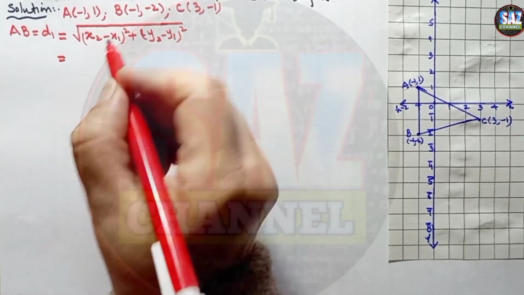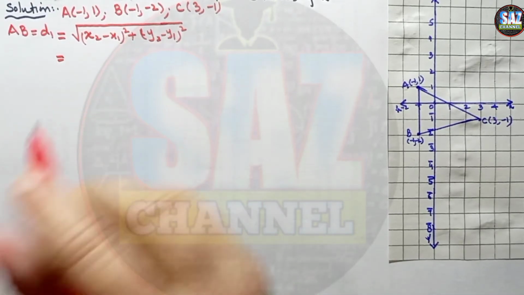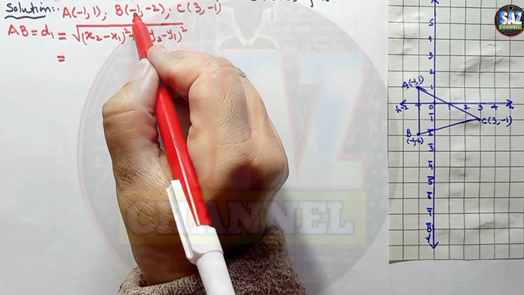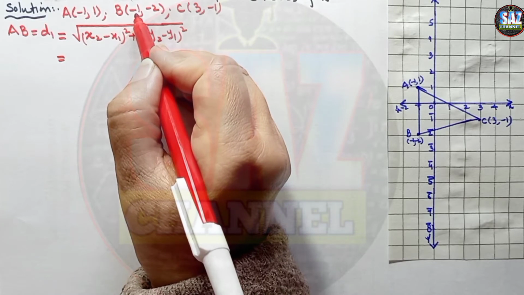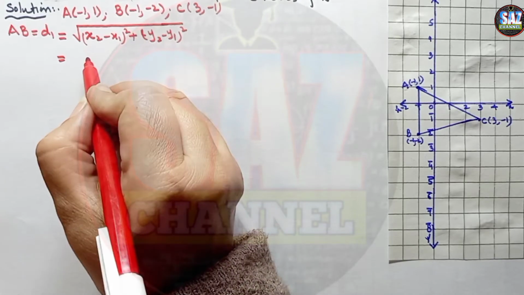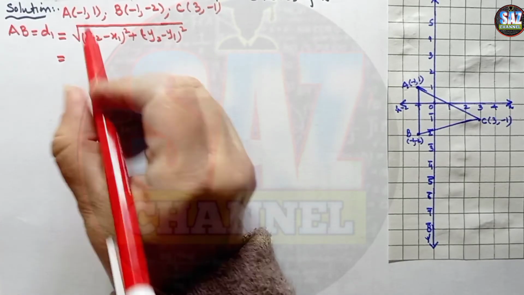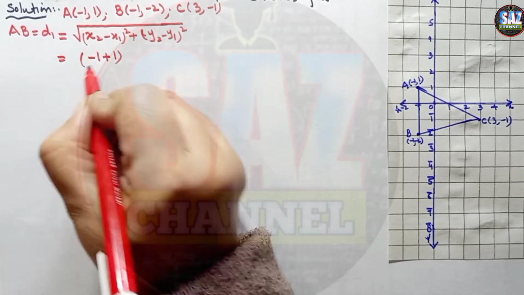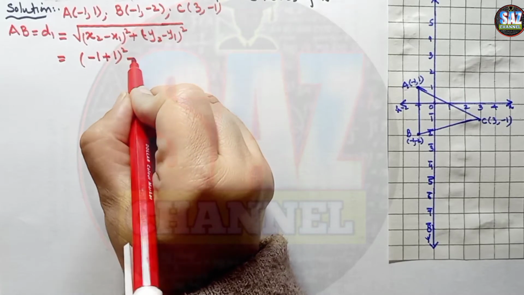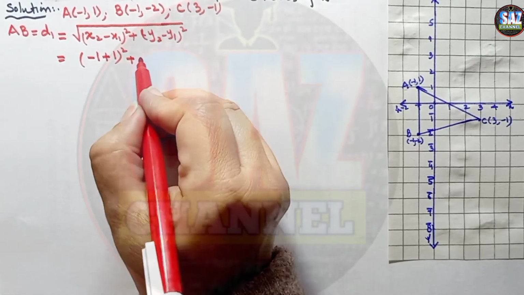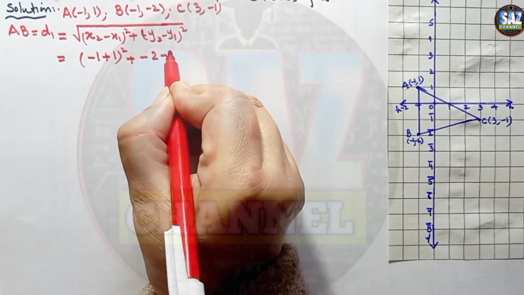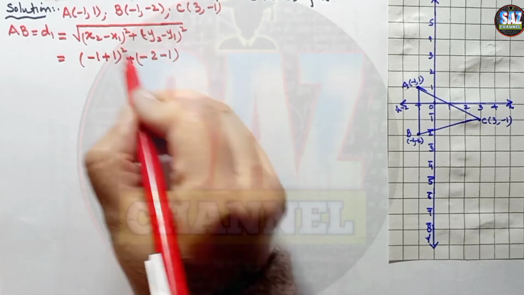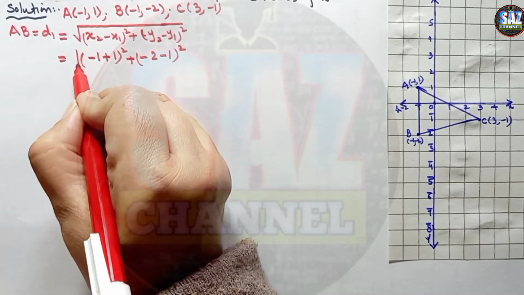Okay, and AB, distance between AB, this is the second point, so its coordinates will be taken as x2 and y2, minus 1 and minus multiplied by minus will become plus. So we should not forget the rules of integers, plus y2 minus 2, and minus 1, that is minus 2 minus 1 whole square, and square root.